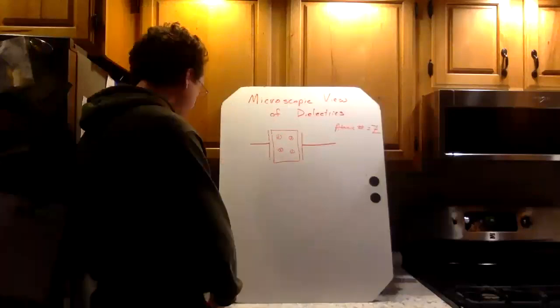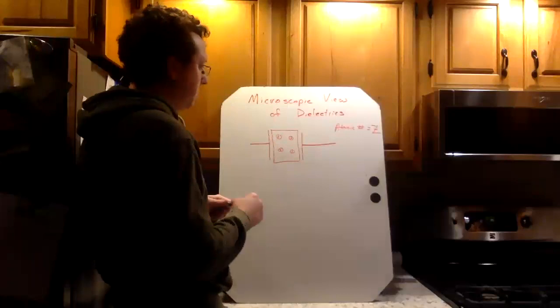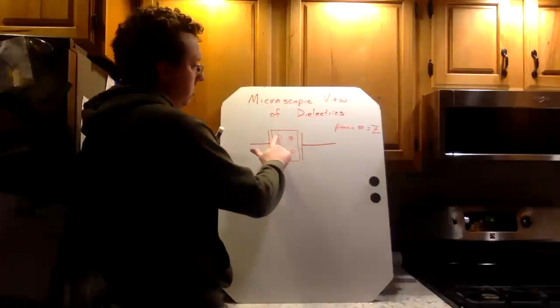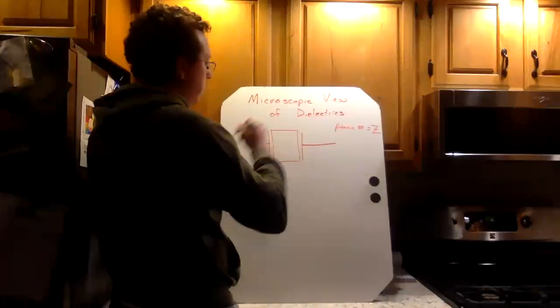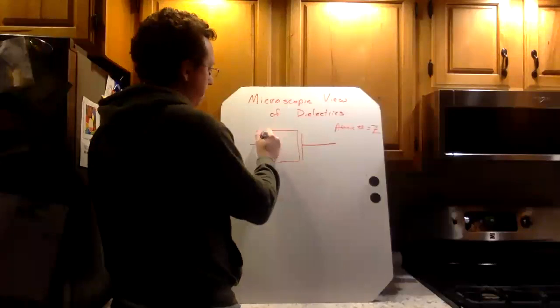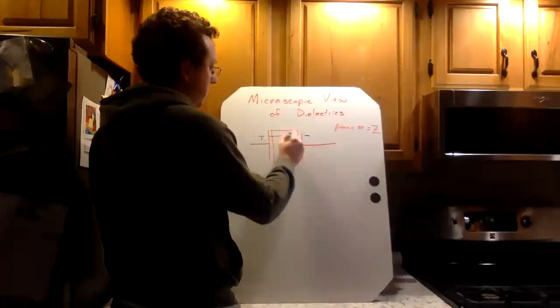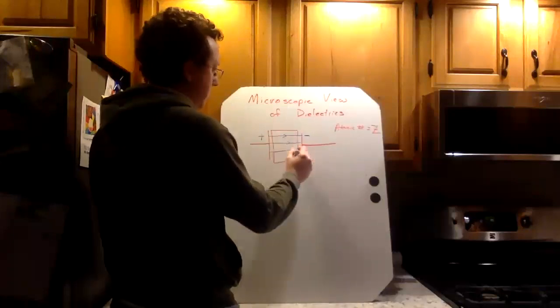All of these little atoms are going to shift. Let's say we have the plus side here and the minus side there, and you generate some electric field lines like this.